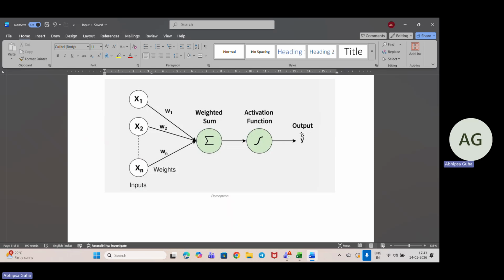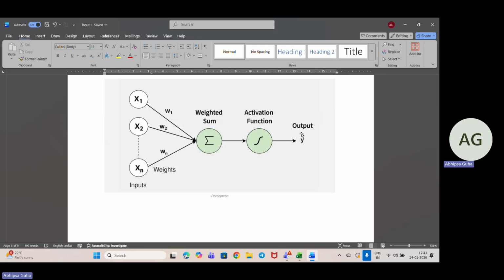Right. So basically, in the output, I will get x1 w1 plus x2 w2 plus x3 w3 plus bias, taken into the activation function. Okay. So this is about the perceptron. A perceptron learns in a similar way, just like a student: answering the question, checking the answer, fixing the mistake, and learning again.